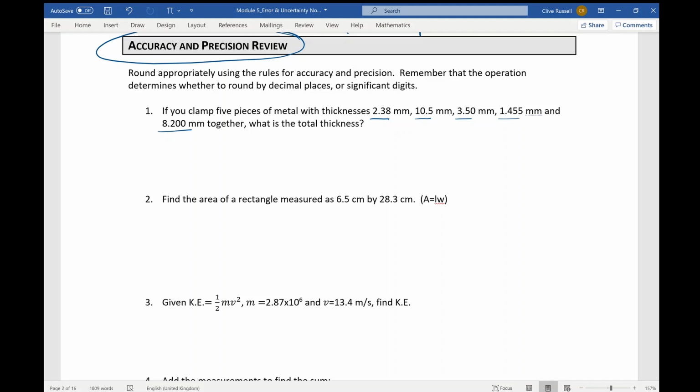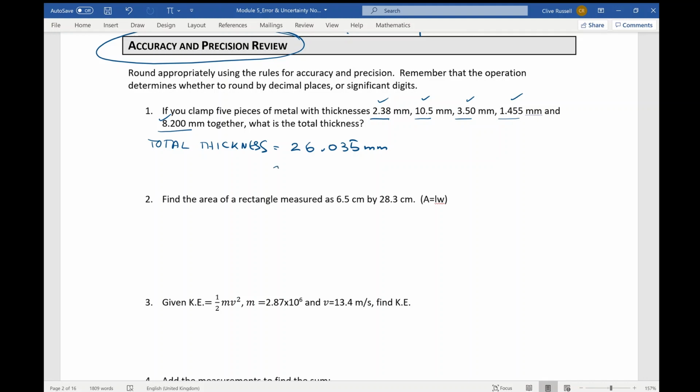So the total thickness is the sum of all these measurements. If you add them together, you get 26.035 millimeters. But do we report our answer as 26.035?